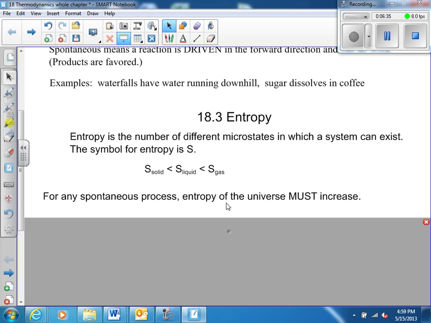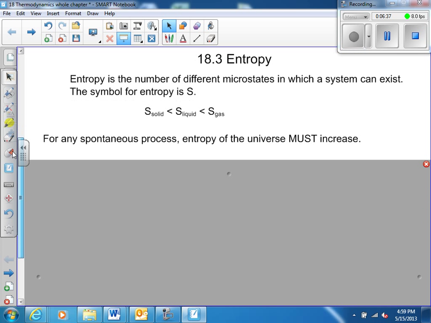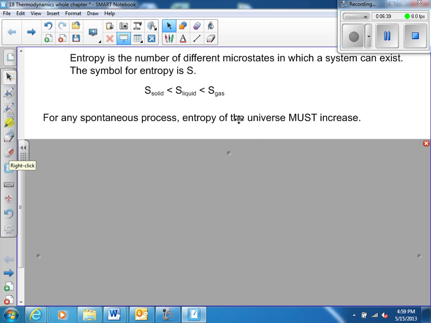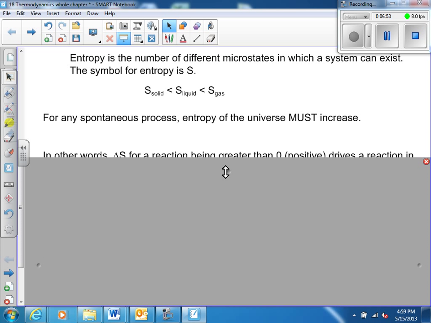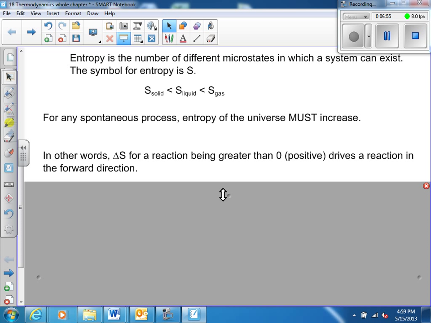For any spontaneous process, the entropy of the universe must increase. Not the entropy of a reaction, the entropy of the universe. The universe includes what's happening in a reaction and the surroundings of the reaction. So we have enthalpy coming into play also, and enthalpy affects the entropy of the surroundings.